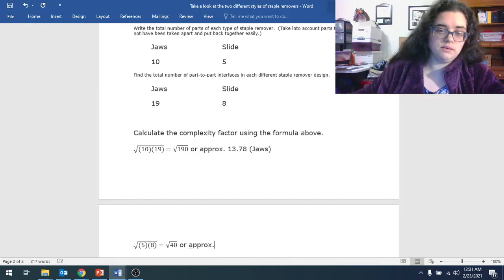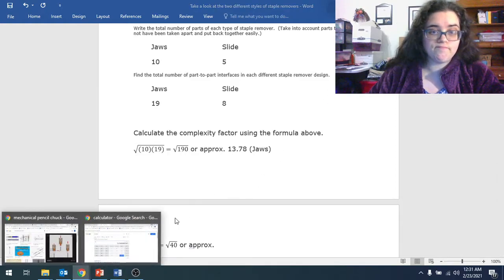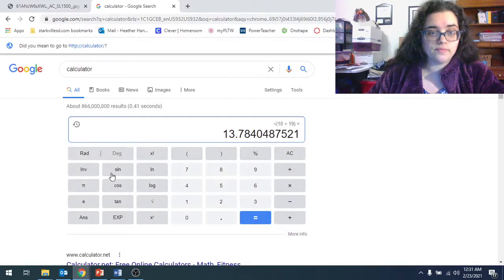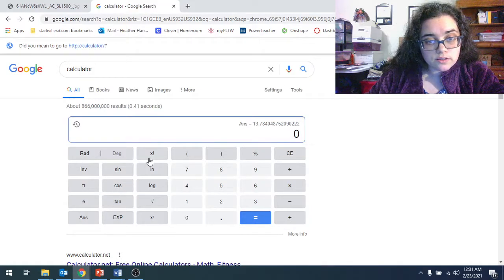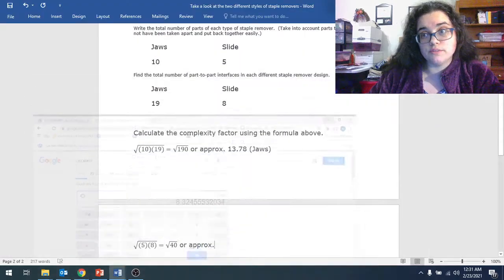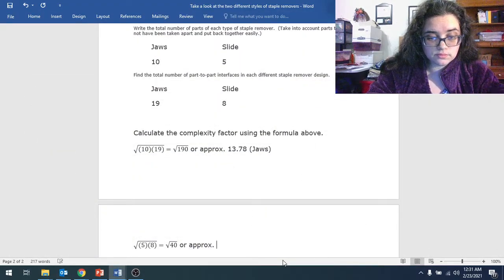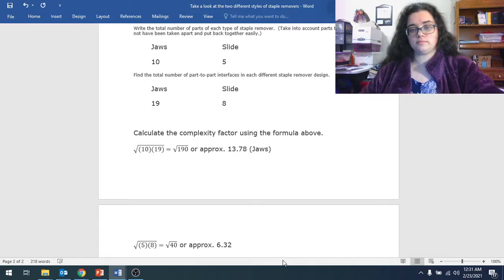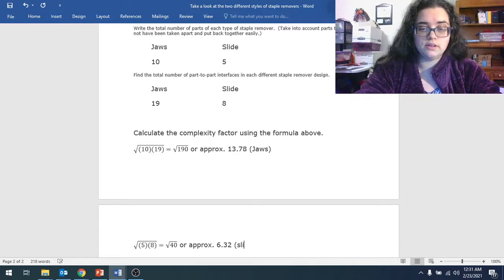Square root of 40 is going to be between 6 and 7. Square root of 40 is 6.32. And that is the slide one.